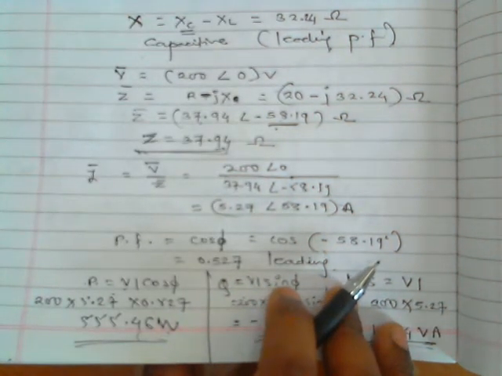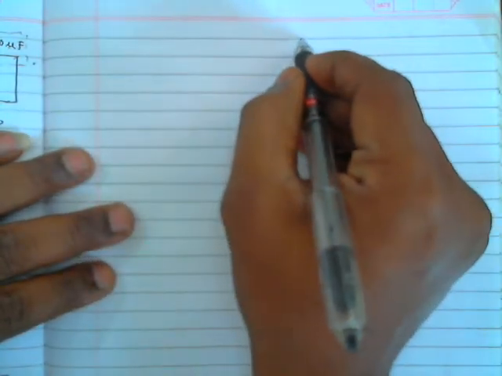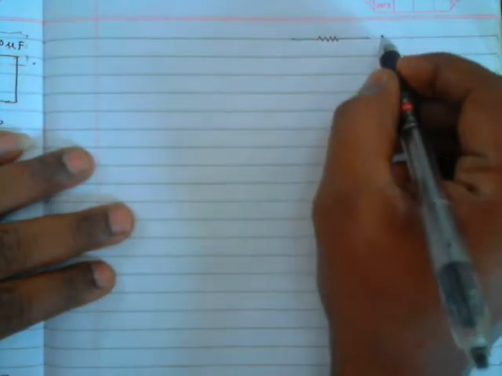Now let's see one more example. There is a circuit having one resistance and a coil.